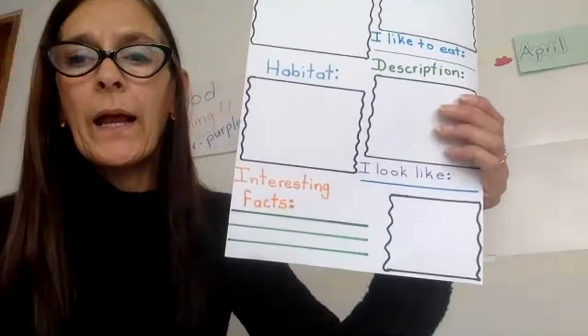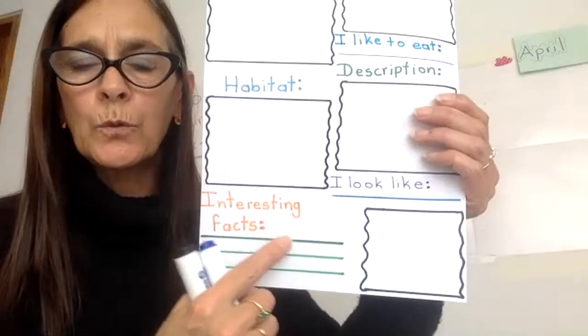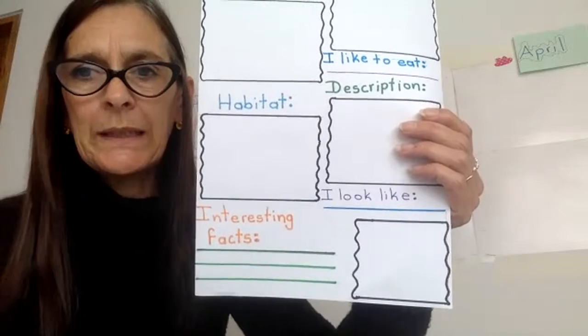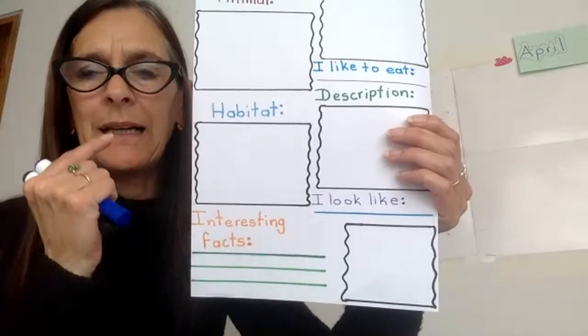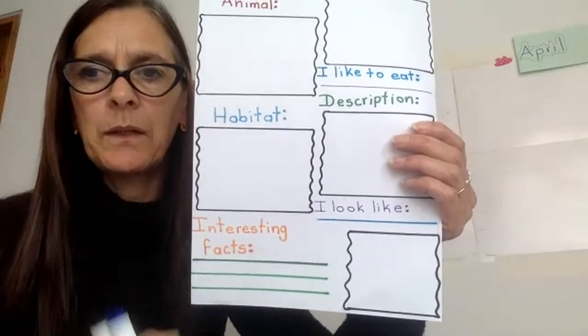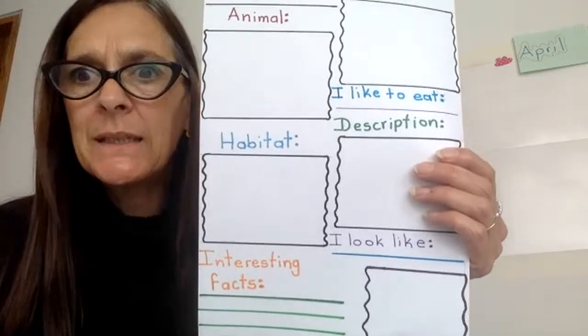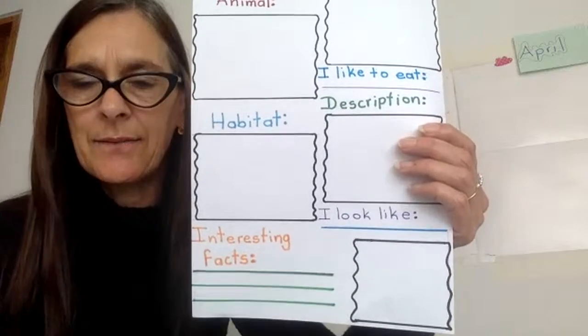So what I want you to write down is about the special thing that that animal can do, or the amazing sense that they have.